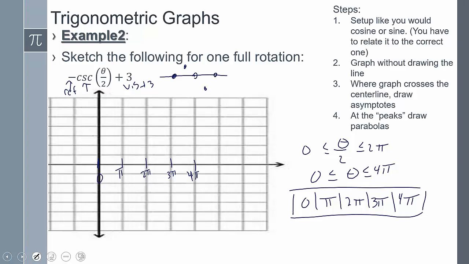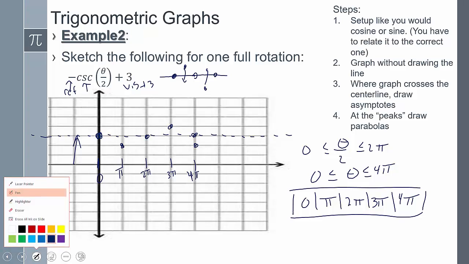My vertical shift, so my center line, moved up 3 spaces, right? So that shifted up 3. And so now at the first value, it crosses the center line. And then now, because of that negative reflection, that got reflected down, that got reflected up. So then it goes down, crosses, goes above, and crosses.